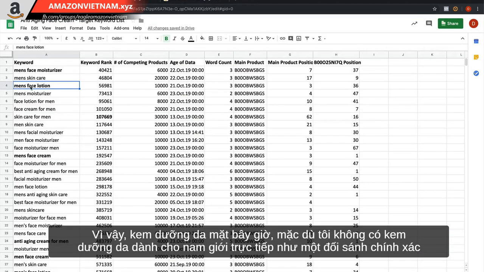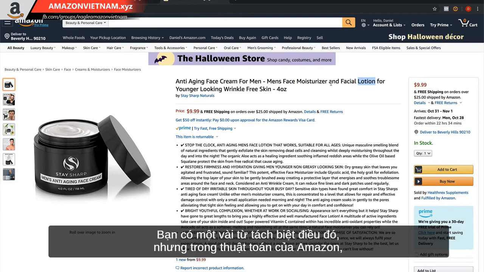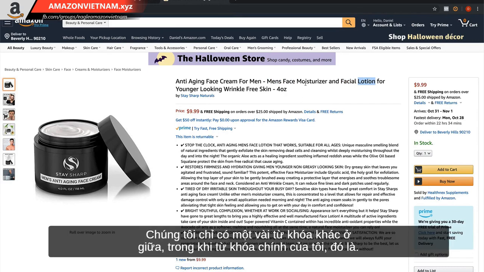Now, while I don't have men's face lotion directly as an exact match in my title, as a phrase match, I will still be picked up for that keyword because I have men's face lotion. Yes, we have a couple of words separating that, but in Amazon's algorithm, that's known as a phrase match because they're still in the right order. We just have a couple of other keywords in between.